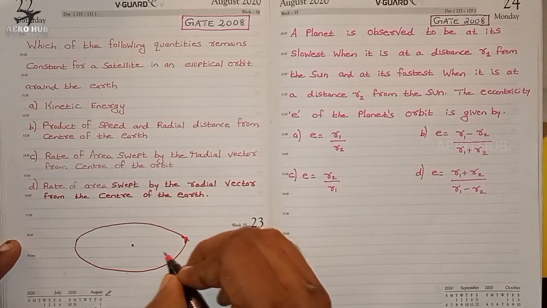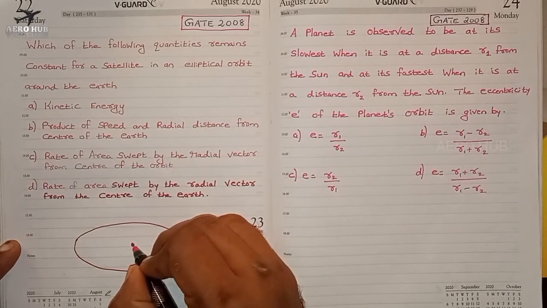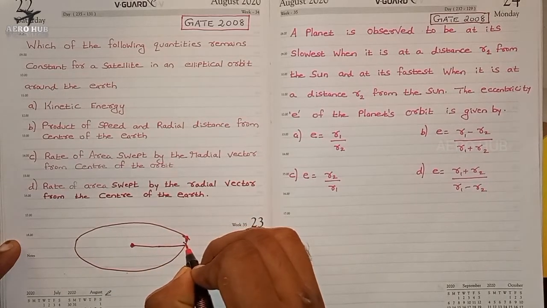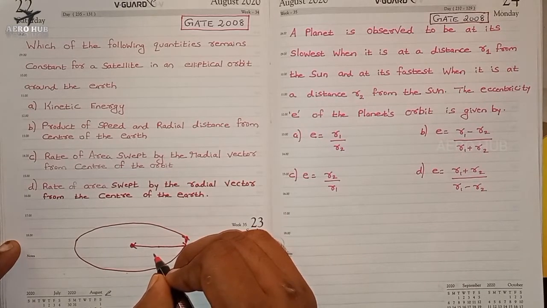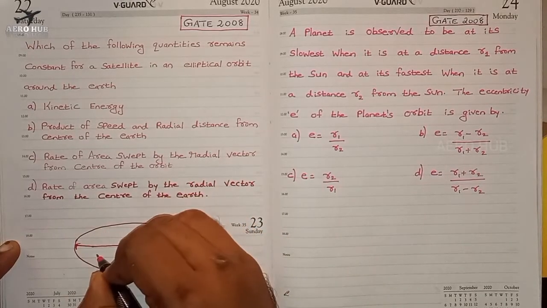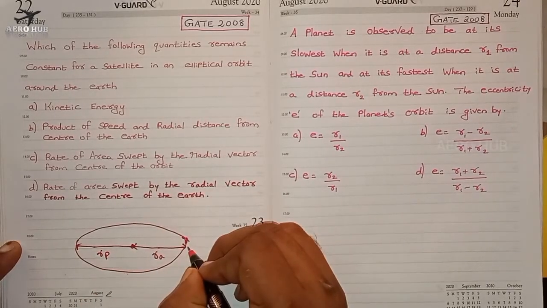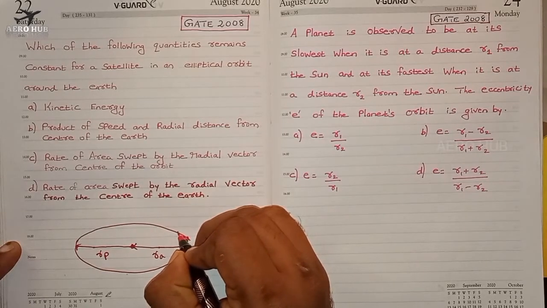My diagrams are not so nice, and this is the Earth, planet Earth, and this distance I can consider as the apogee, Ra, and this distance as perigee, the shortest distance. Just imagine this is the Earth, this is the orbit, and this is your satellite.